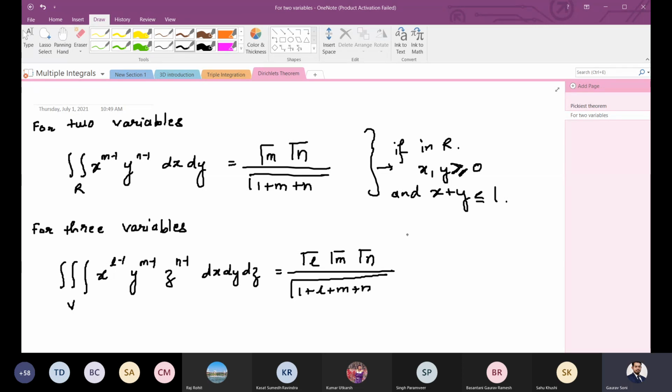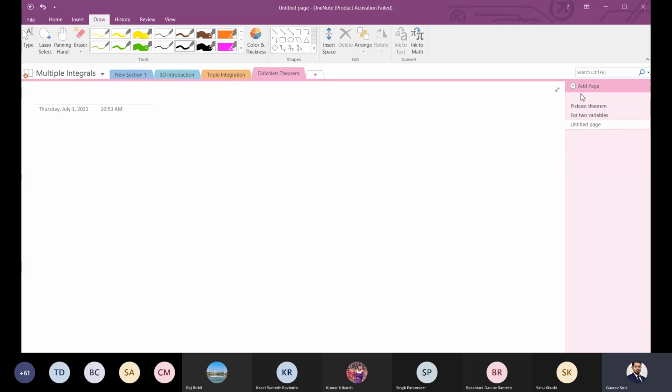So you can see that this is a very strong theorem. And again, the condition in V: x, y, z, all of them are greater than or equal to 0, and x plus y plus z is less than or equal to 1. If these conditions are satisfied, then and only then can we use Dirichlet's theorem. We'll solve just two examples, not many in this case, as it is very easy.